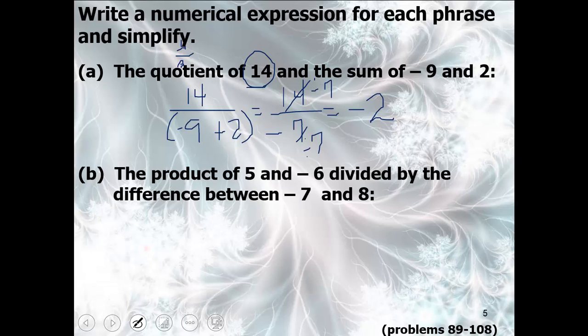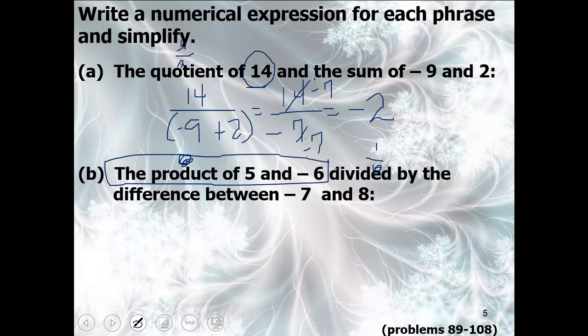Okay. B, the product says multiply, the product of 5 and negative 6 divided by the difference, so here's a division, divided by the difference between negative 7 and 8. So this has to be my numerator.